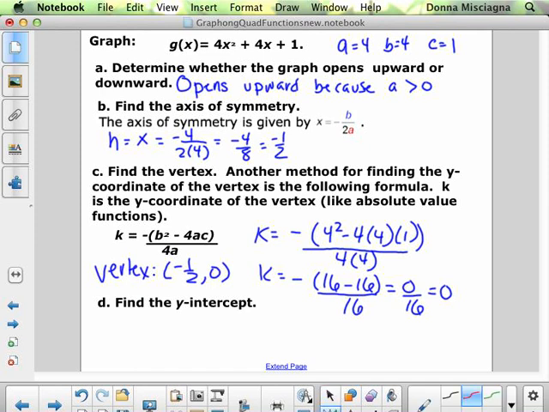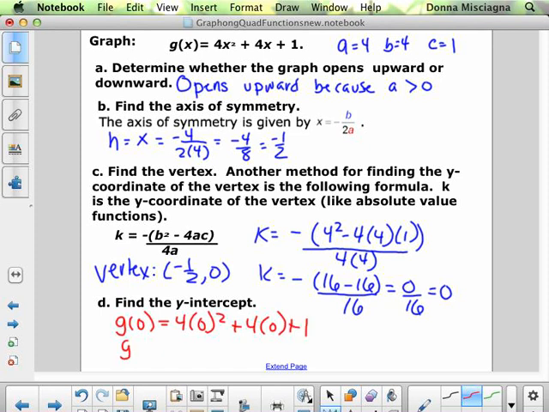Let's go ahead and find the y-intercept. All right, so we can either plug in 0 for x, or we can look at c, because they're going to be the same thing. Because if we plug in 0 for x, the only thing left is the c.